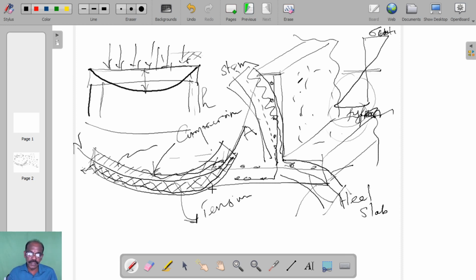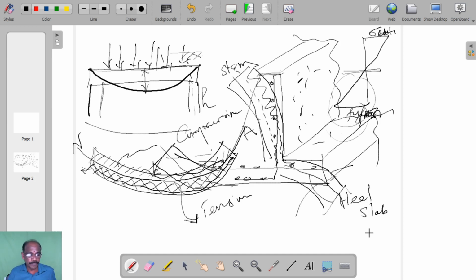In case this total structure will tilt like this, this portion will be bent in the upward direction. Therefore, the top portion will get tensioned, and the bottom portion will get compression. Therefore, we have to provide the tension reinforcement in the bottom area. Here the bottom area, here the top area, like this.